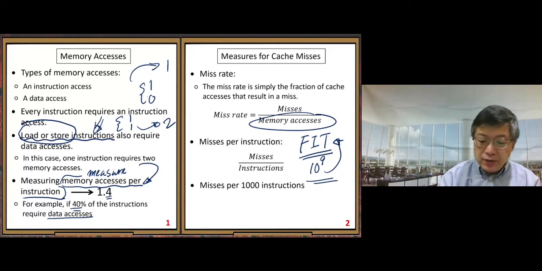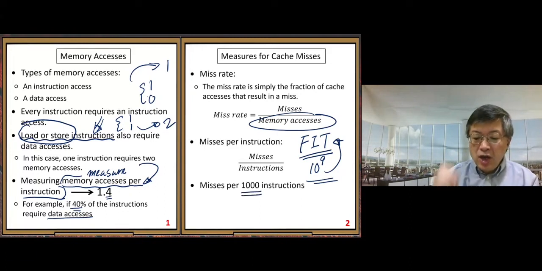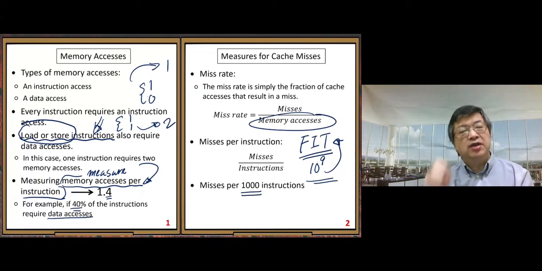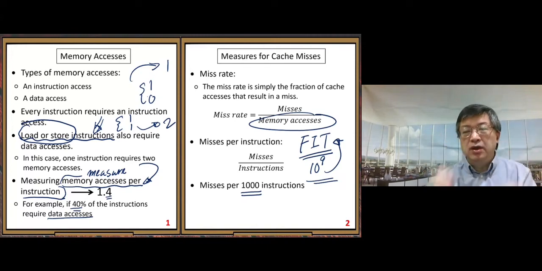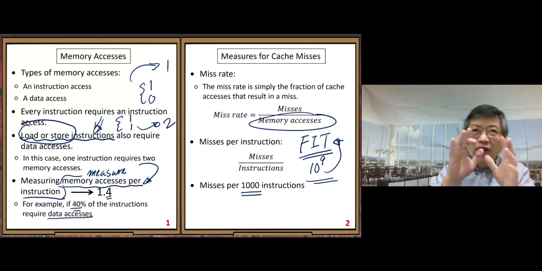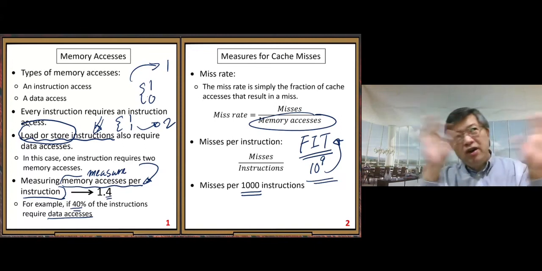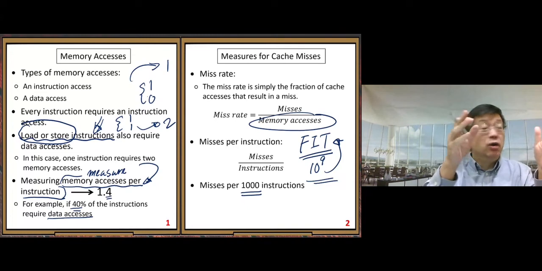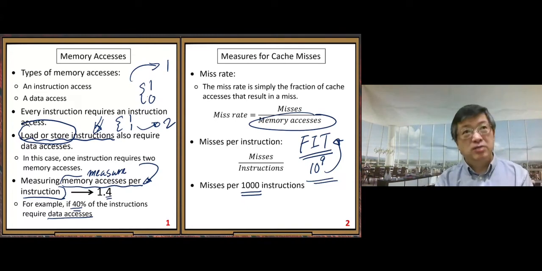So for that reason, sometimes we use per 1,000 instructions. We multiply by 1,000 to make it look like 47, 35. When you see 35, 42, you won't ignore it, right? That's quite some number. So that's the reason for that.